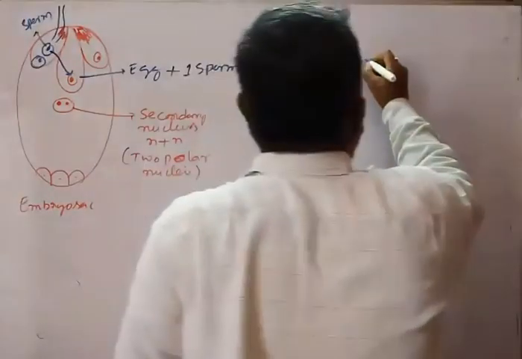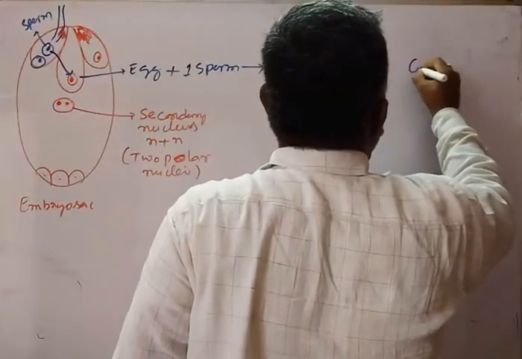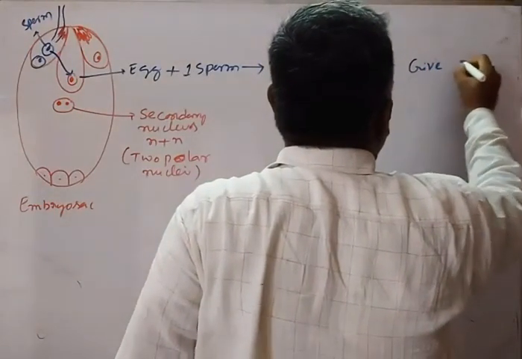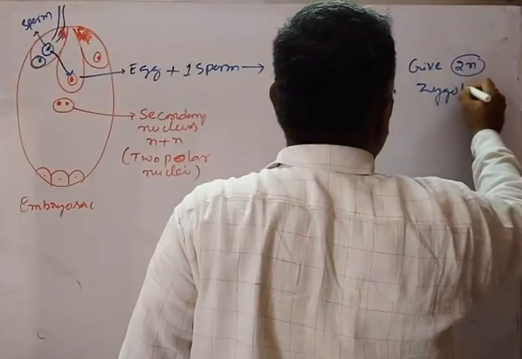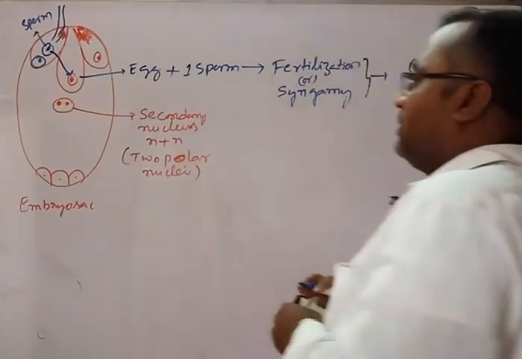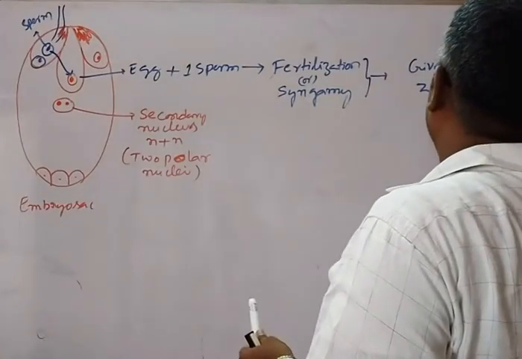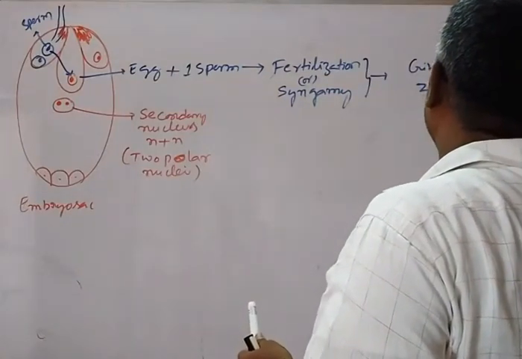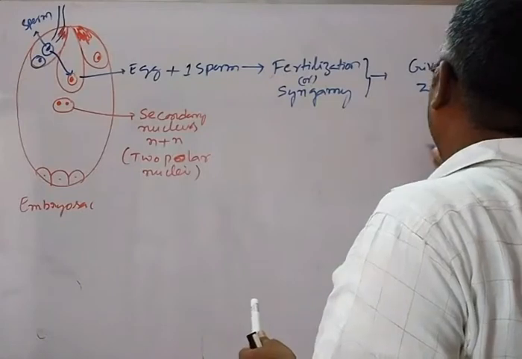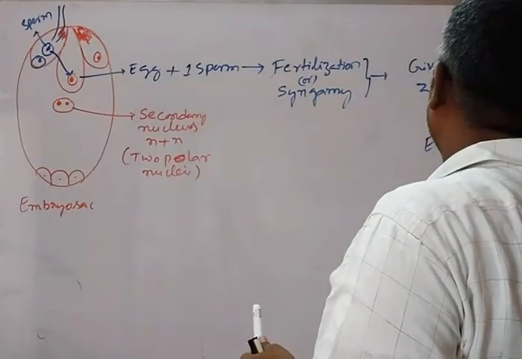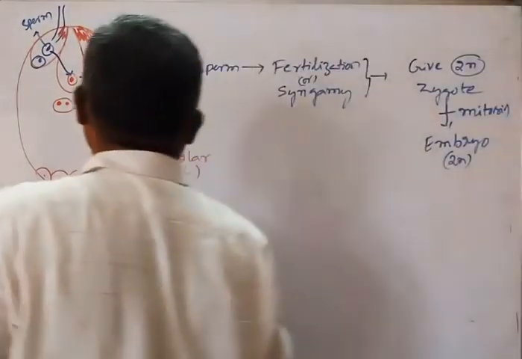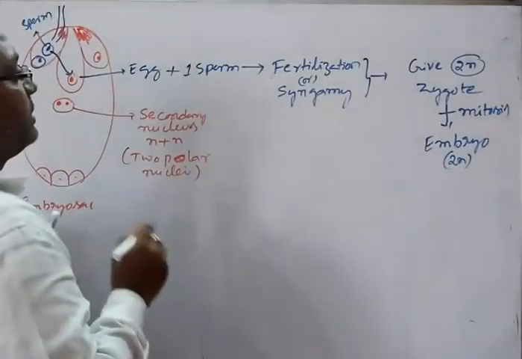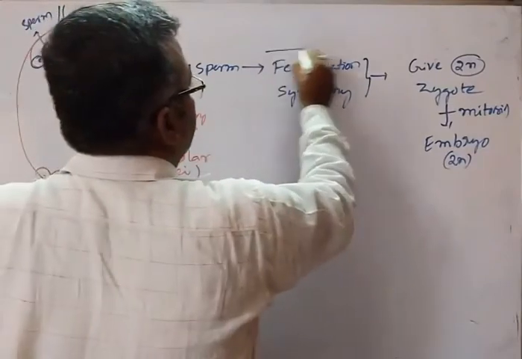It gives a diploid zygote. This zygote then divides by mitosis and gives the embryo. It is also diploid. So here there is a fertilization.